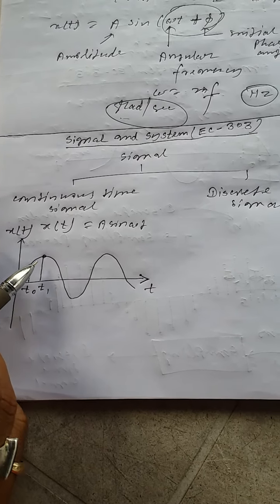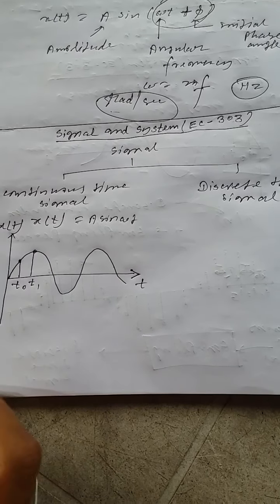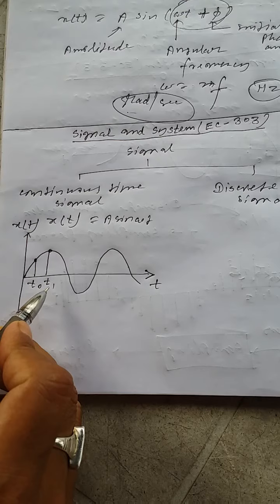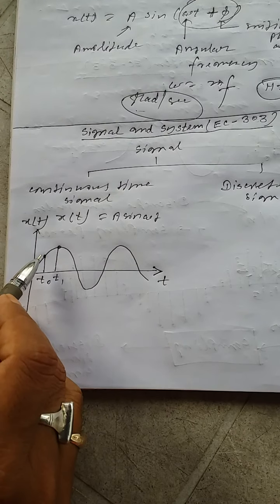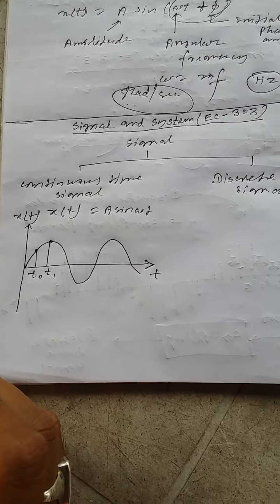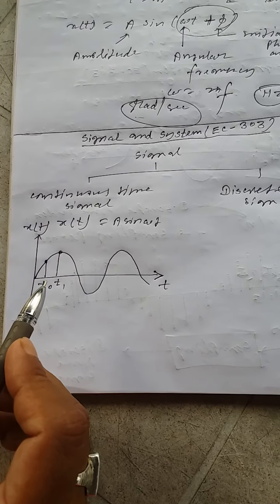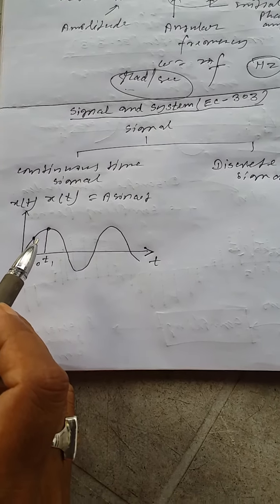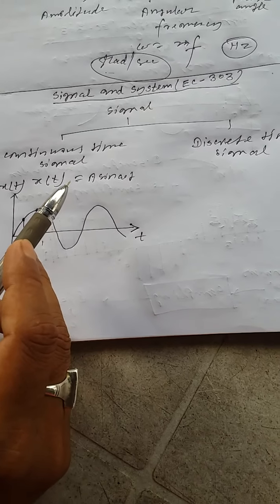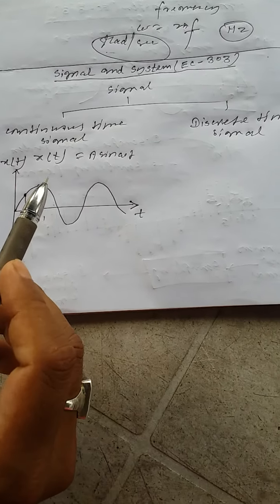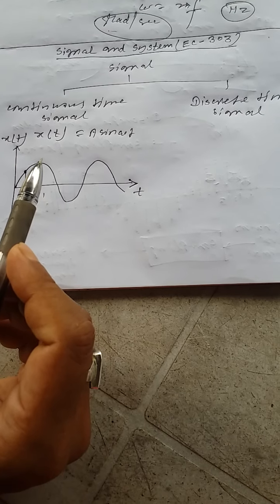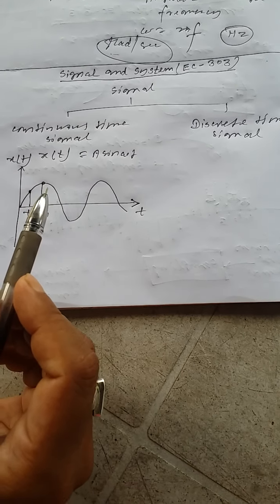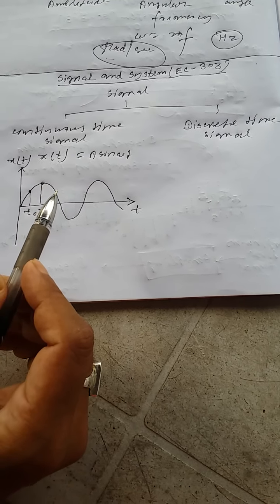Okay, so amplitude is this. Now in between t0 and t1, there are some values of x of t. Okay, so we can get the value of x of t at any point of time. That's why this is called a continuous time signal. The signal is continuous during the time interval.